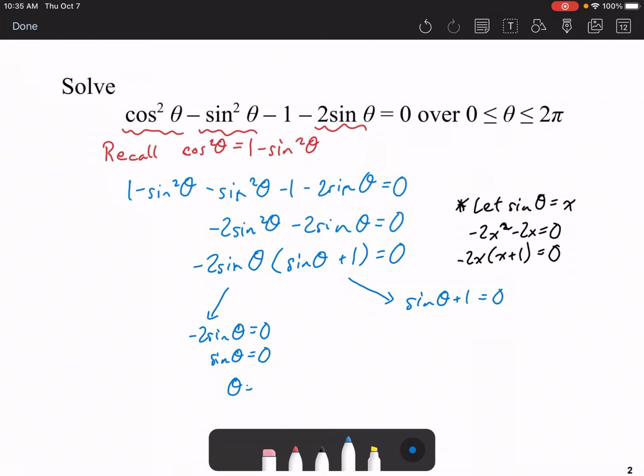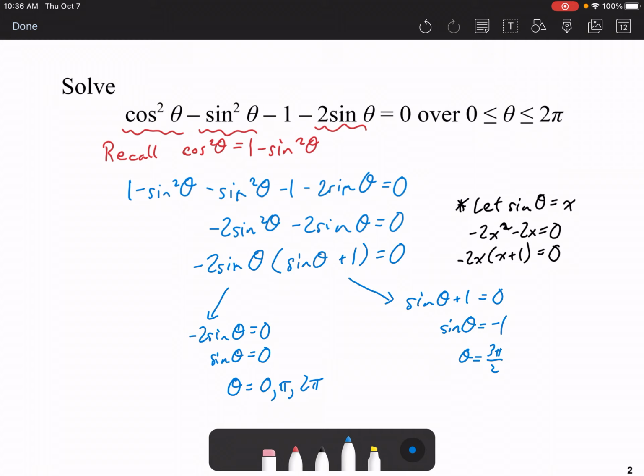That means theta could be values of 0, pi, and 2 pi. You can verify it by visually graphing sine theta again. Or when is sine theta equal to negative 1? Well, that occurs only when theta is equal to 3 pi over 2. And there you go. That's how you solve these.